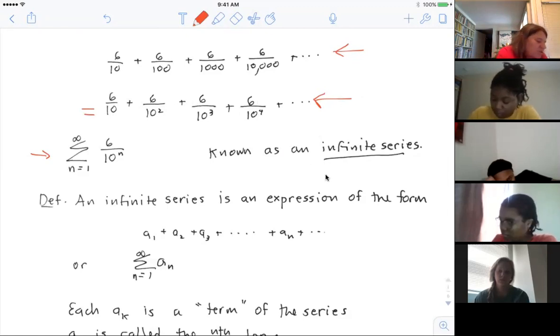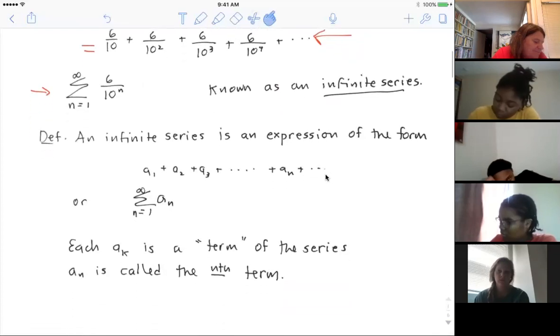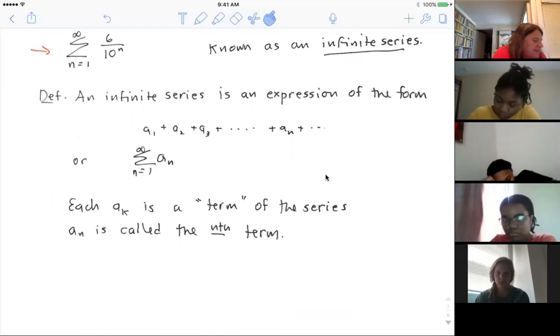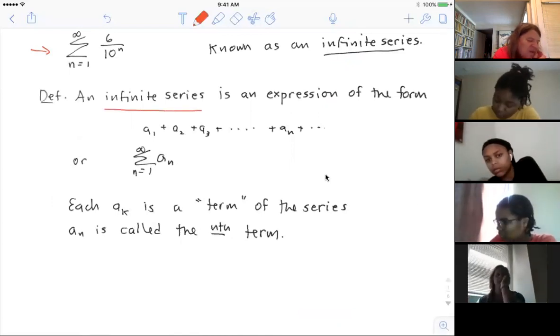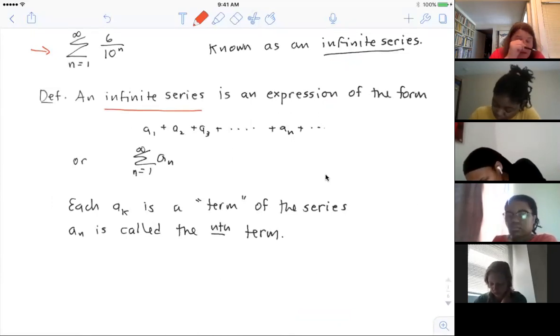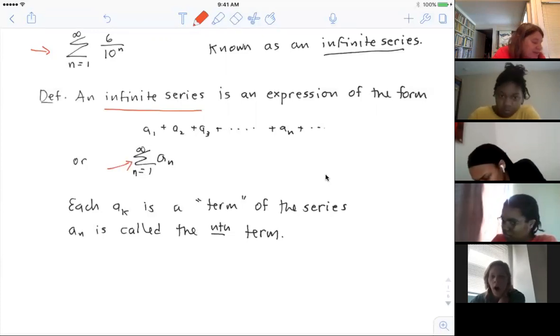So here in general is what I want to say about that. Mostly today we've got terminology. An infinite series is an expression of the form a1 plus a2 plus a3 plus a_n. Notice when I defined a sequence, I had commas in between. Now I've got summations. That's what that sum sign is equal to. If you let n be 1, you'll get a1, and then you add on the next one.